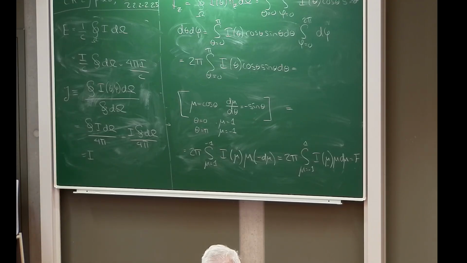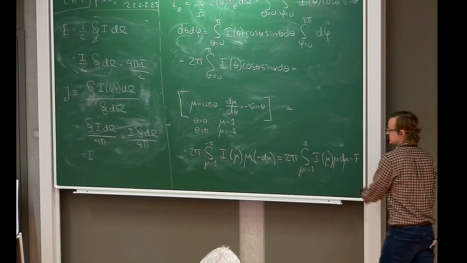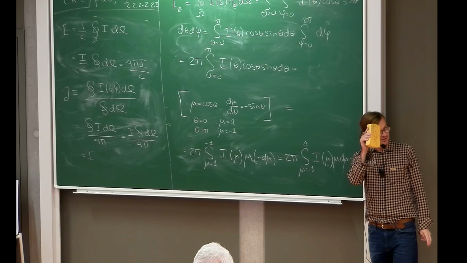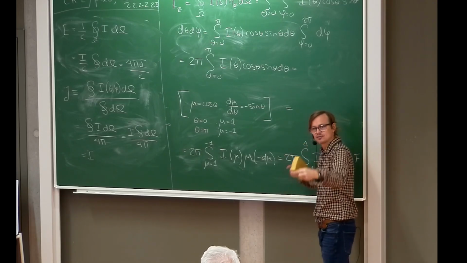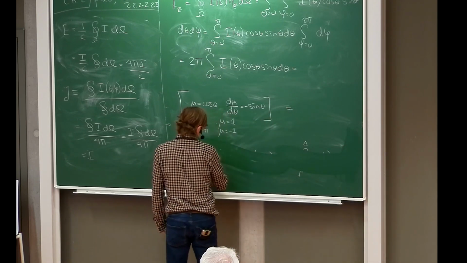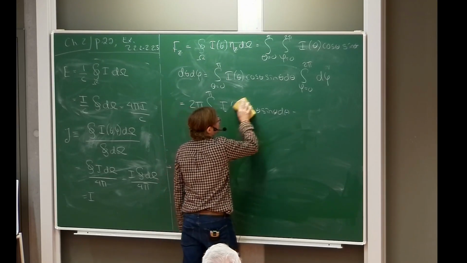Now I wanted to go back to this case where we indeed had this description of the flux only in the z direction, in the vertical direction, x, y, 0, when the intensity only was a function of the angle theta and not phi.